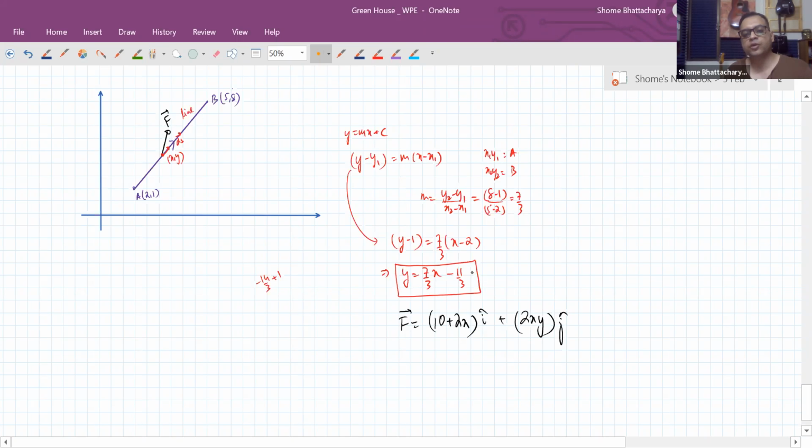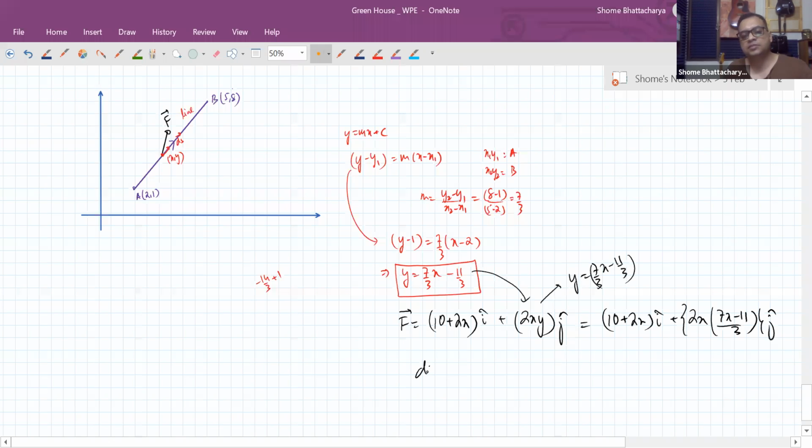So at that sort of point, we will substitute y as 7 by 3 x minus 11 by 3. So this would become (10 plus 2x) i cap plus 2x into this whole thing, (7x minus 11) by 3, this is your j cap component. And my displacement ds is equal to dx i cap plus dy j cap.